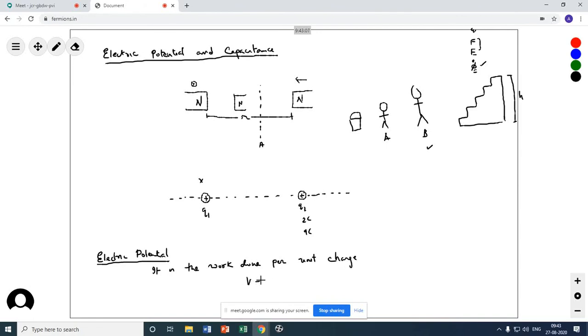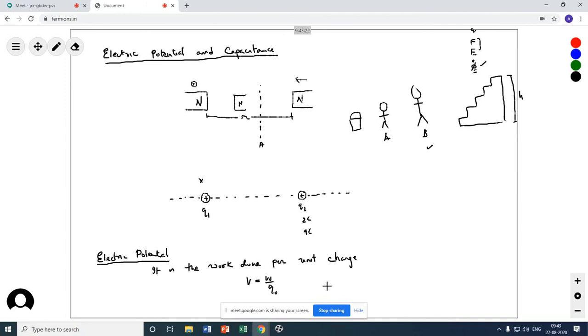That is V equals W by Q naught. Work done per unit charge, from what? I will come to that. Don't worry. This is just the very basic and most fundamental definition of potential.